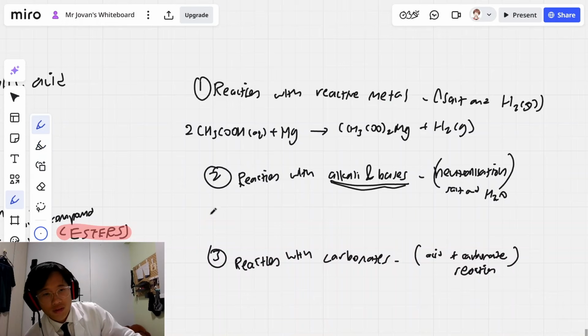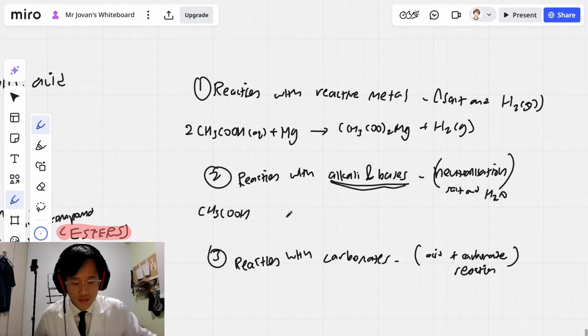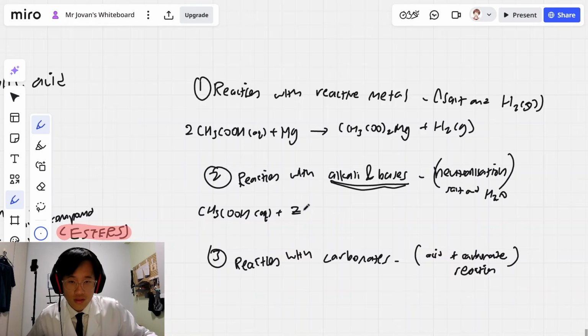Okay, anyway, reaction with alkali base. So I know I'm already a weak acid. That's fair. All right, so let's react with a base called zinc.